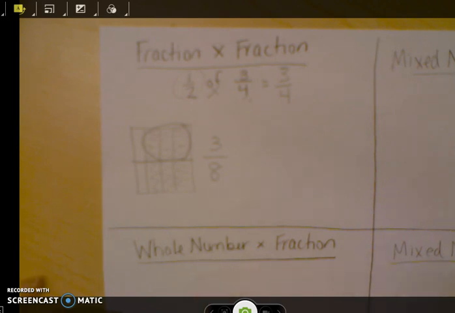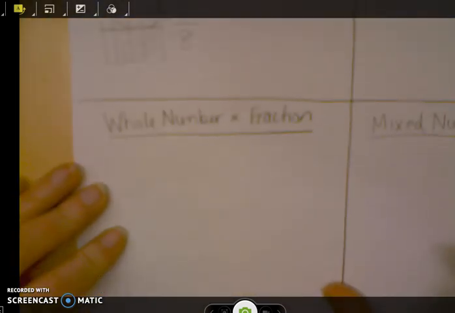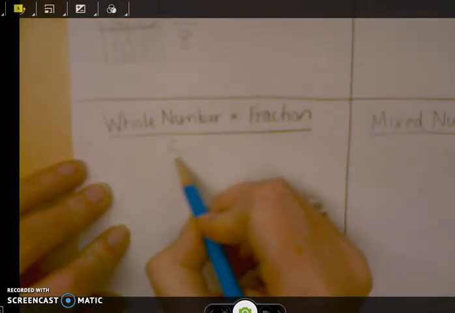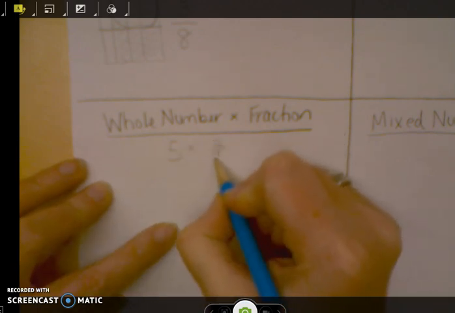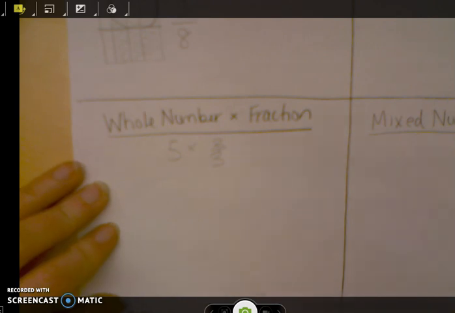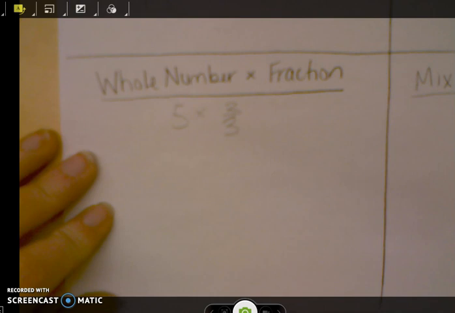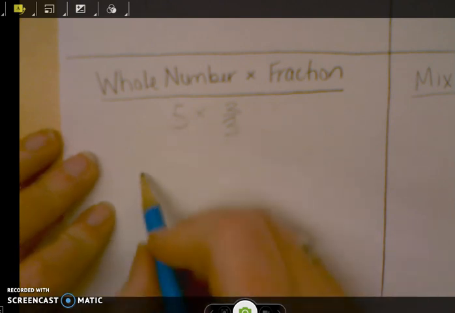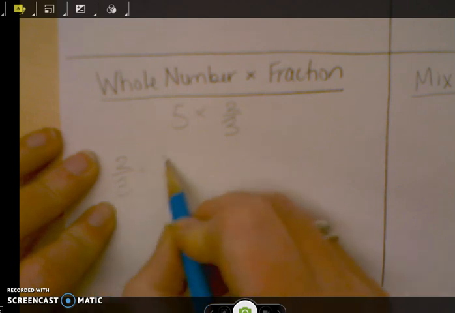We're going to move on to a whole number times a fraction. So if we take a whole number like 5 and we want to multiply it times 2/3, what we're really saying is that we want 5 groups of 2/3. So 5 groups of 2/3 would look like 2/3 and another 2/3.